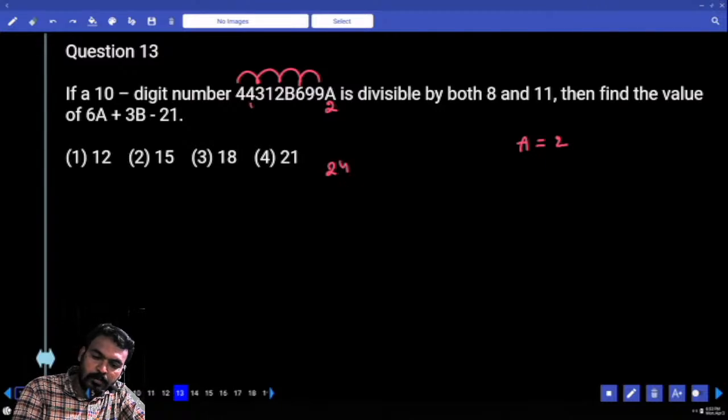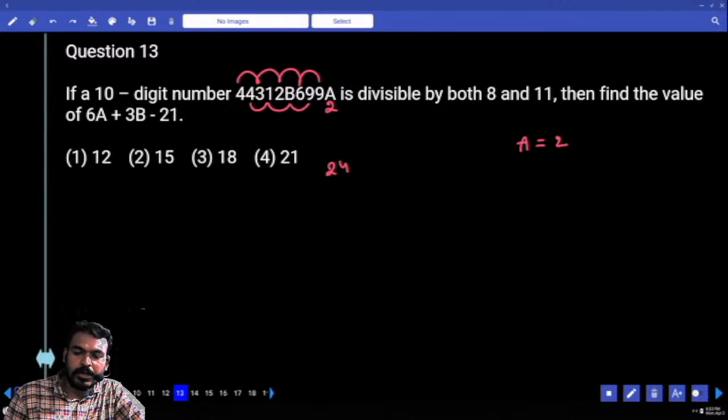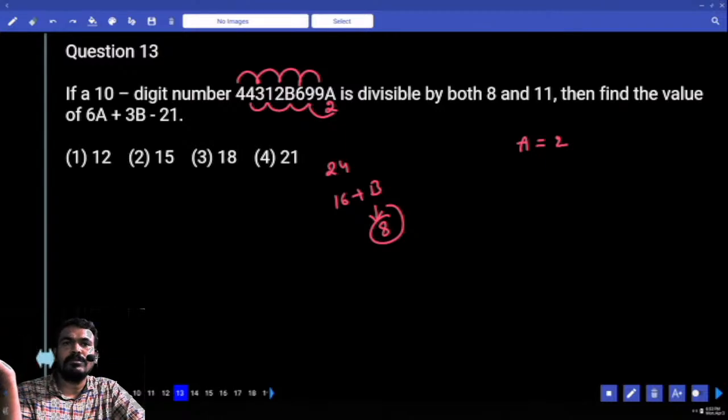Next, 4 plus 1, 5 plus B plus 9, 14 plus 2, 16 plus B. Then B must be 8. 16 plus 8 how much? 24. Already 24. 24 and 24 difference 0.